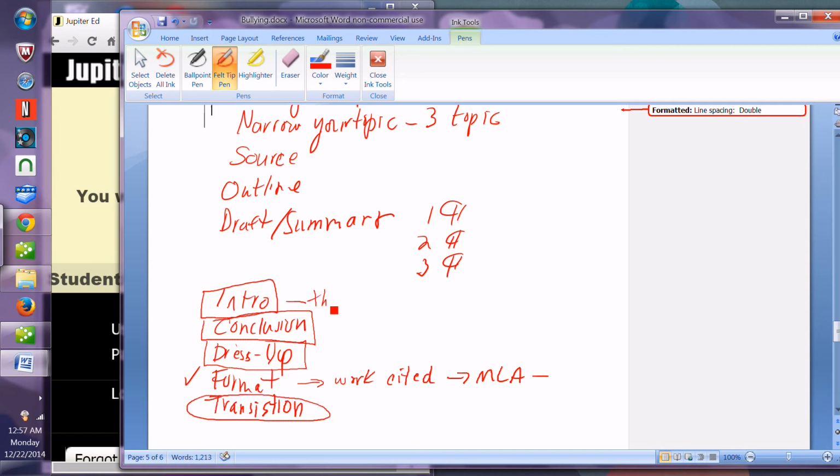Just work on that intro and getting that thesis down and following those steps to writing an introduction and conclusion. Once you have your body paragraphs done, the intro and conclusions almost write themselves because you know where you're going and you just kind of have to put it in a systematic order for your reader.